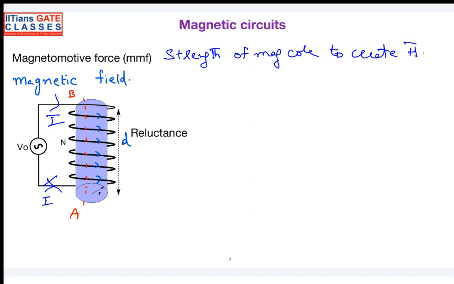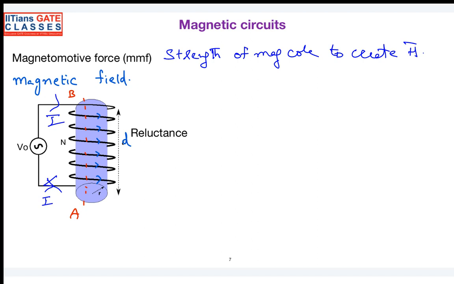That means if a particular magnetic core has a higher value of MMF, then when you pass a finite amount of current, because the core has high permeability, it will be able to create more magnetic field intensity. So the magnetomotive force is the strength of the magnetic core to create the magnetic field intensity.